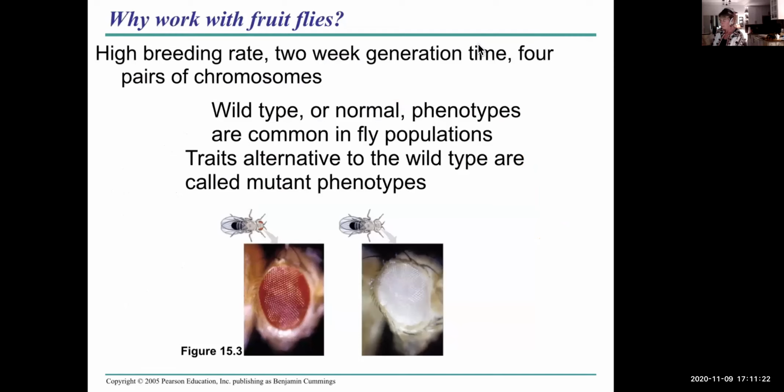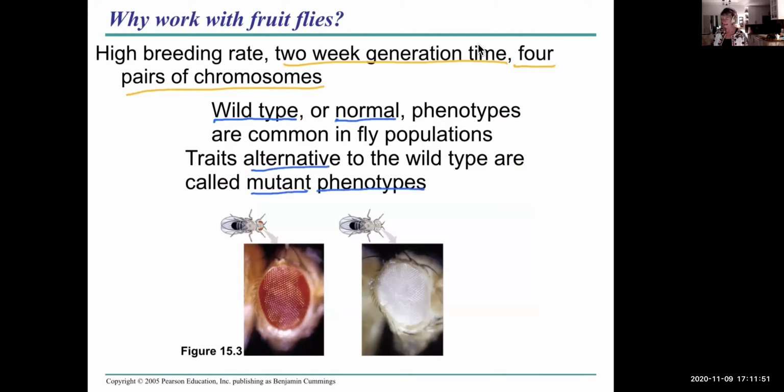We work with fruit flies a lot in genetics because they have a 2-week generation time. They mate very, very quickly after they're born. They only have 4 pairs of chromosomes, so 8 altogether. When we look at fruit flies, there's a term called wild type. That's the normal phenotype, and alternative ones are called mutant phenotypes.